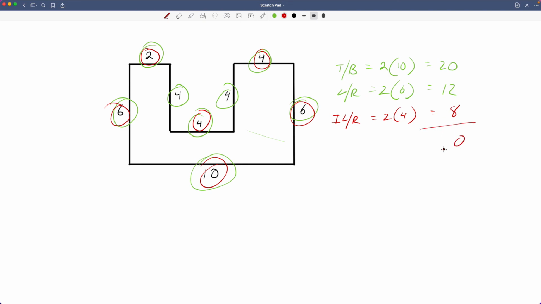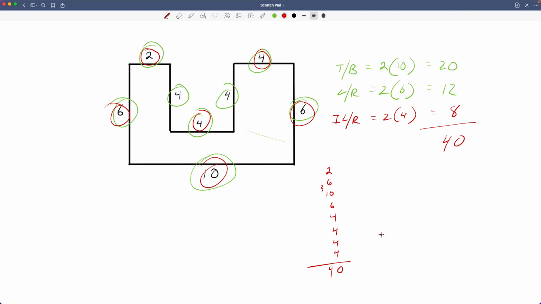Use some type of marking mechanism so that you don't write a dimension down more than once, and also so that you don't forget a dimension or a length of your sides. Make sure you get them all written down, you get them all counted right, and you add them together. And it's always a good idea to do the math twice. If you do the math twice and you get the same number both times, then you are probably correct.